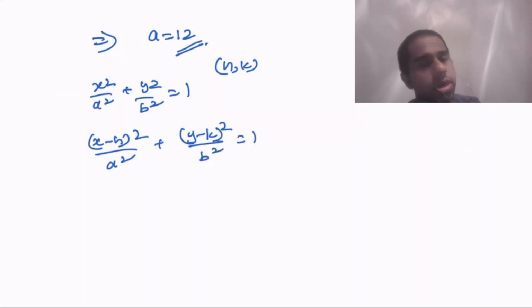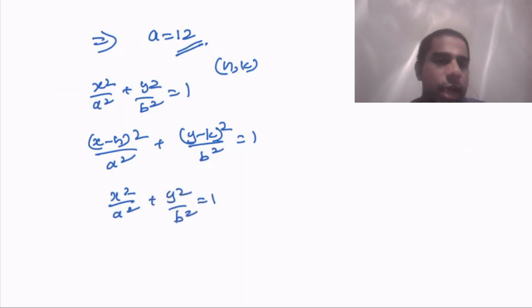So this is the equation we will be getting. Now since the center is 0 comma 0, we can write x square by a square plus y square by b square is equal to 1. Remember that we have derived the standard form of ellipse by considering 0 comma 0, the origin, as the center of the ellipse, right? But that is not always the case.